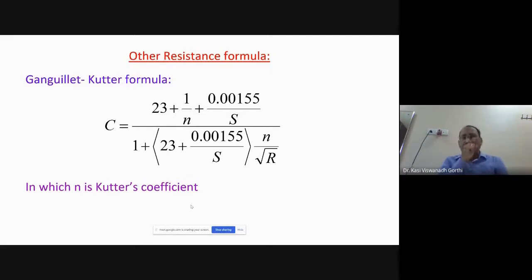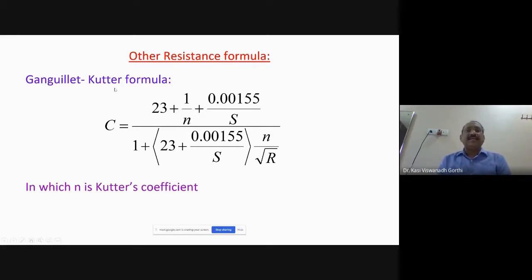If you look at the other resistance formulae, this is the Ganguillet-Kutter formula. This formula is mainly to find the value of Chezy's coefficient C. Once Chezy's coefficient C is known, we will be able to establish the relation for the velocity, V is equal to C into square root of Rs. How to get this C?